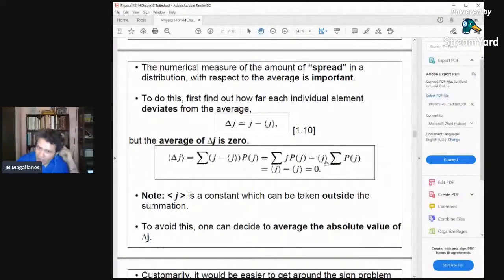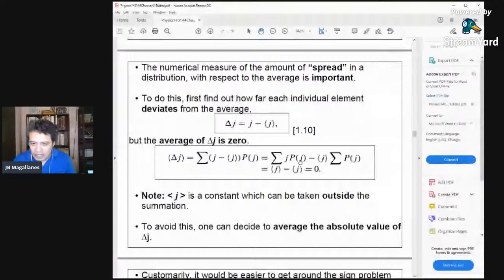This one, you have J. You can take this out because this is a constant in every data. The average of the data is always constant, and you just have the probability to be summed up. And the probability, the sum of this is just equal to 1. So average of J times 1 is just equal to the average.